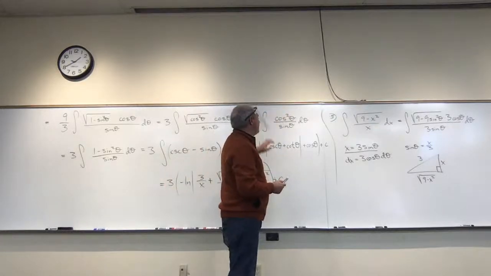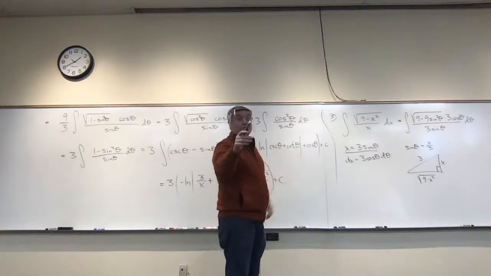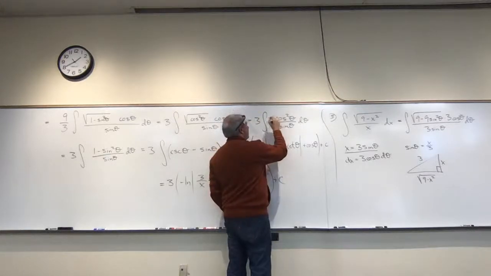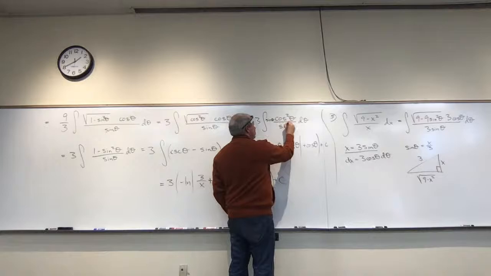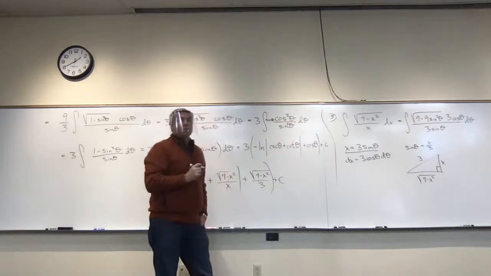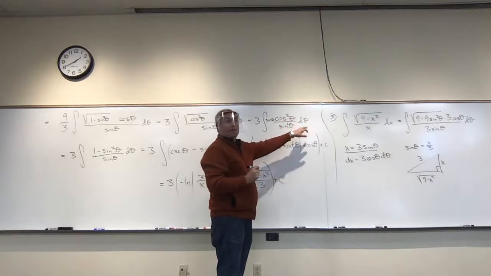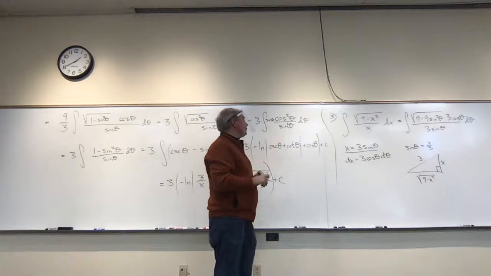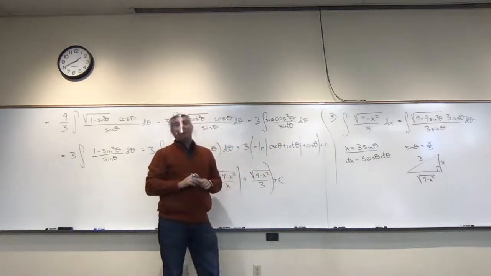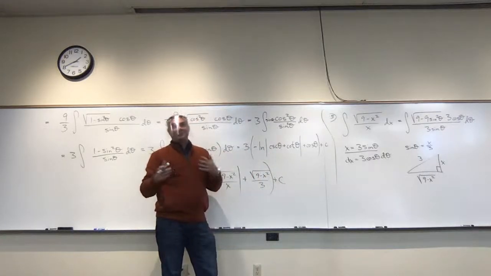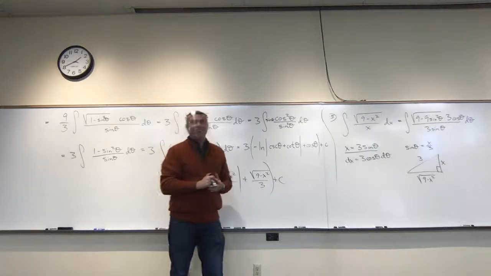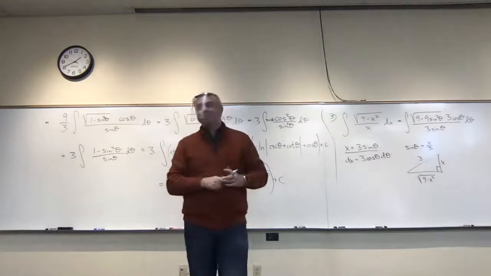If I wanted to use a u substitution, I'd write sine of theta on top and then square the bottom. Now change the bottom into 1 minus cosine squared of theta and then do a u substitution for cosine of theta. That would work. I don't know if that's better, but it does work.